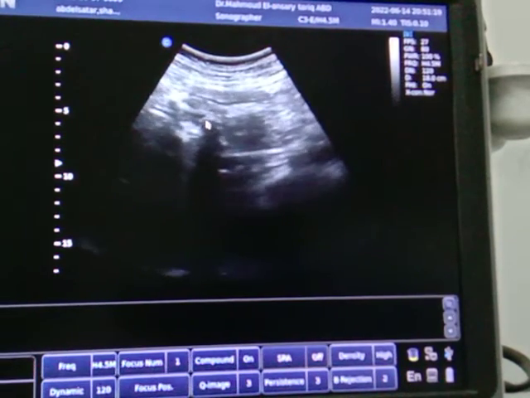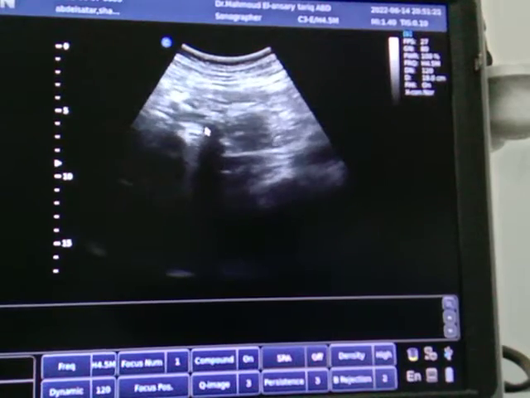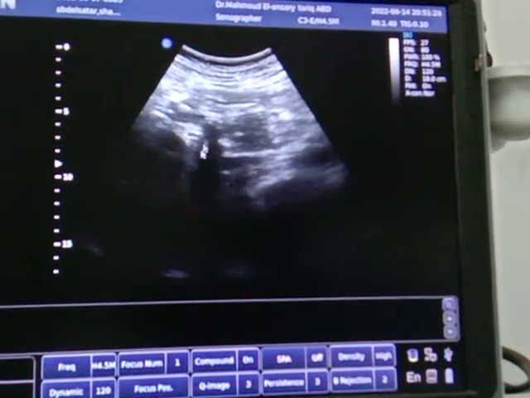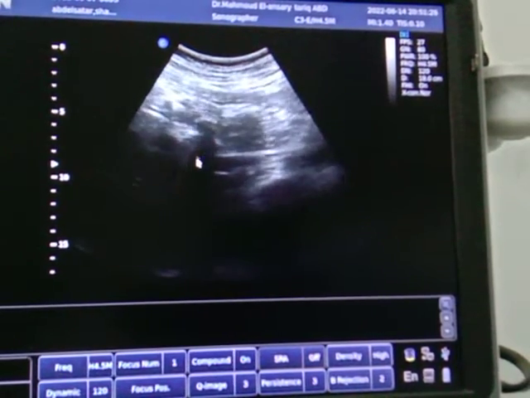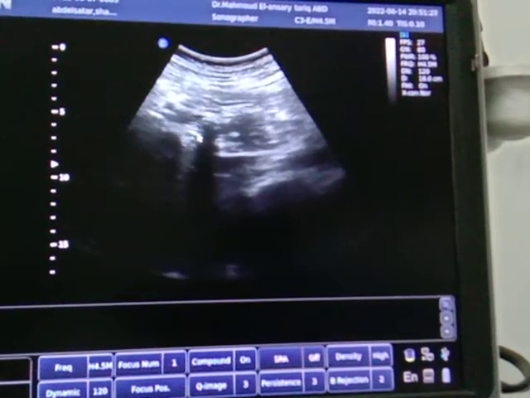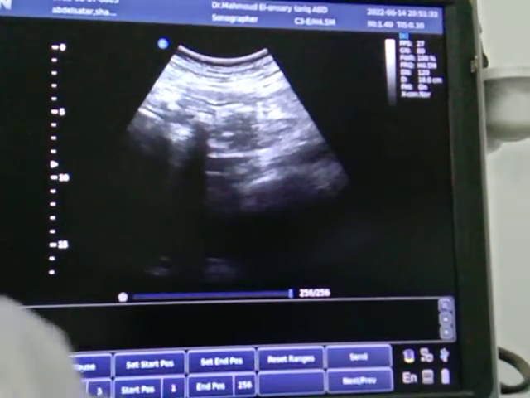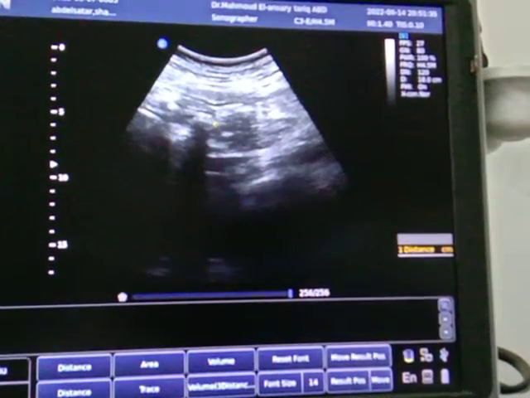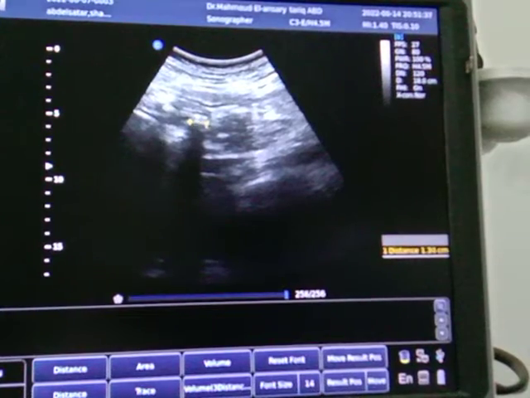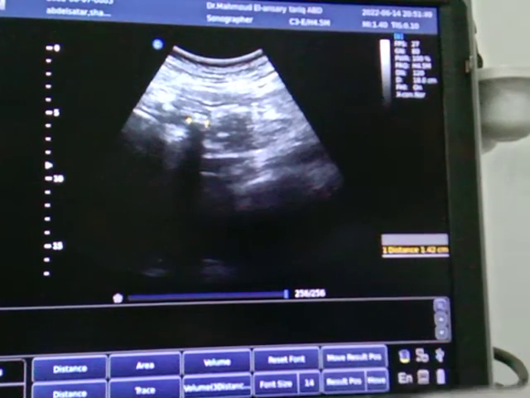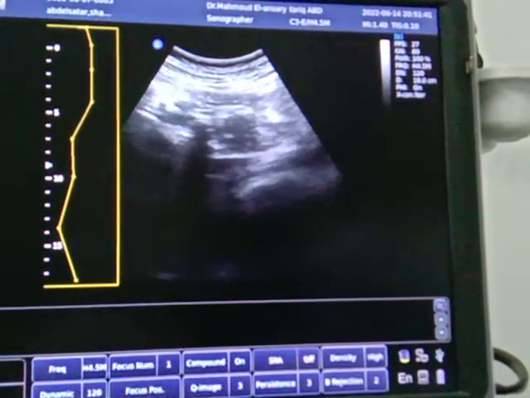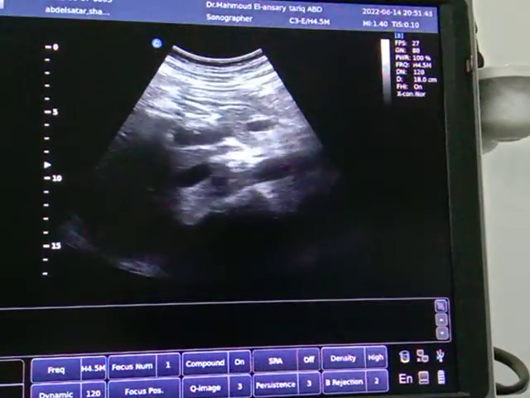This is a crescentic shaped echogenic shadow with posterior shadowing behind, denoting a large stone. If we measure it, it is about 1.4 centimeters, so it's quite large.